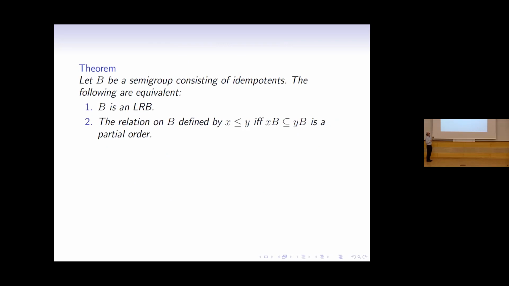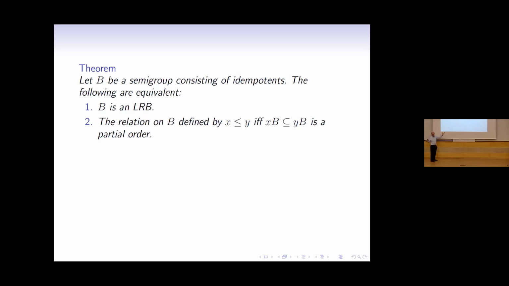it satisfies these 2 laws if and only if this relation, x less than or equal to y if and only if the principal right ideal (semigroups have ideals, right ideals, left ideals, like groups, but more like rings), is a partial order. Okay, so let's take a non-trivial group.